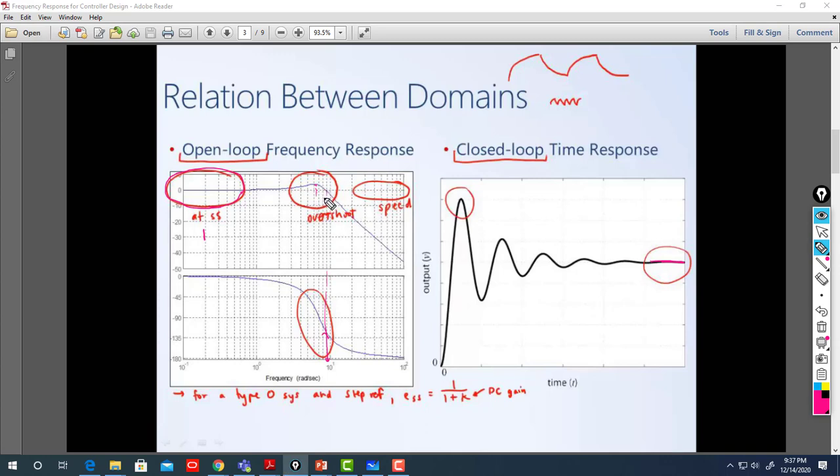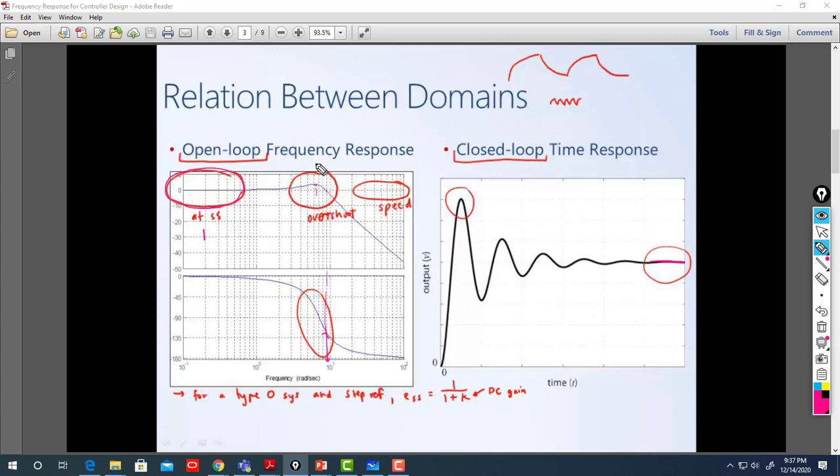The crossover frequency or the peak resonant frequency is your natural frequency, the frequency of the system, assuming they are very close to each other. So what does this lead to?